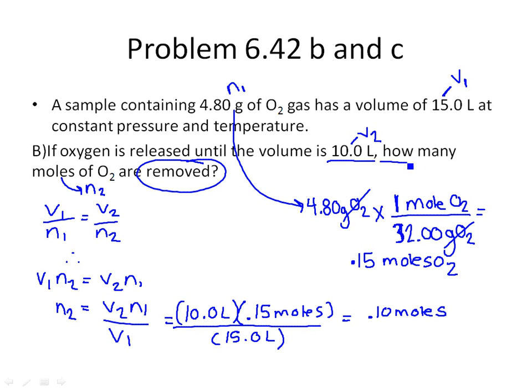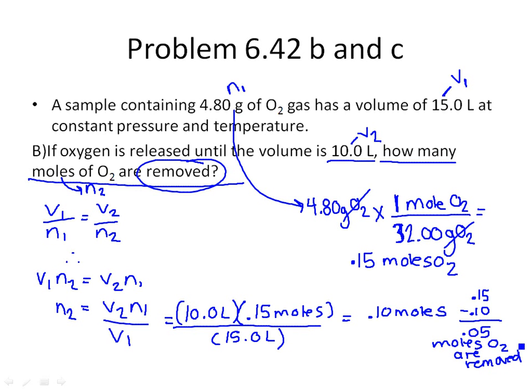It's asking you for how many moles are removed. So we go back to how many moles we started with. We started with 0.15 and ended with 0.10, and so 0.05 moles of O2 are removed.